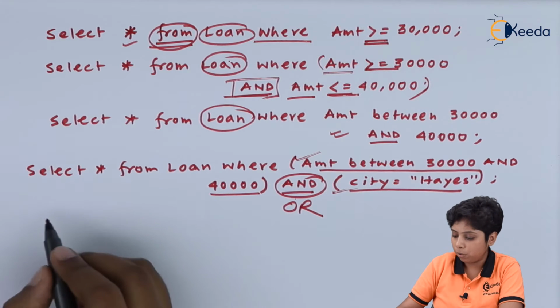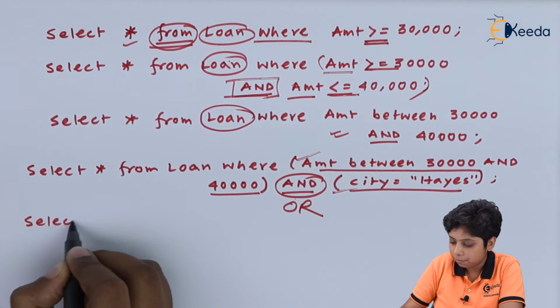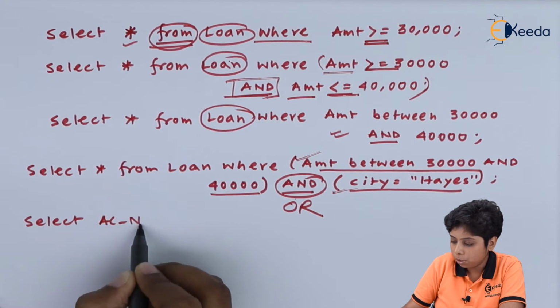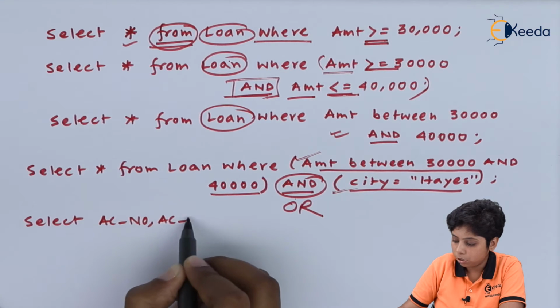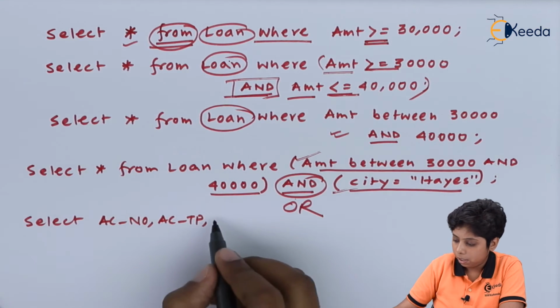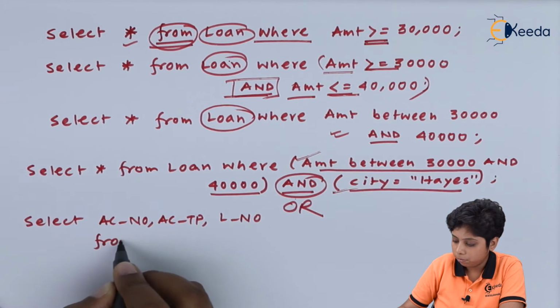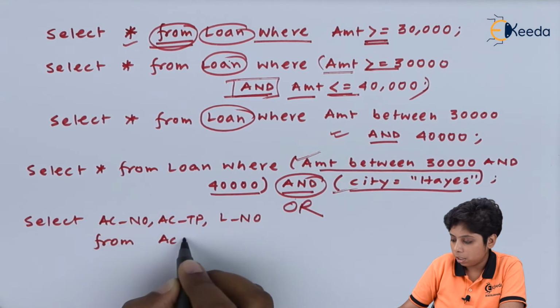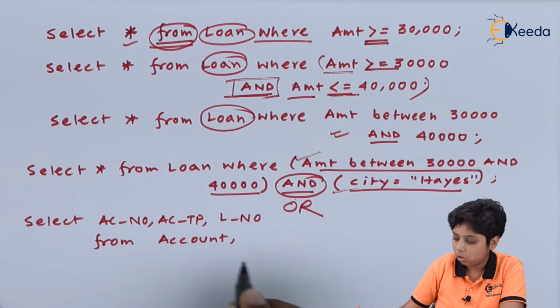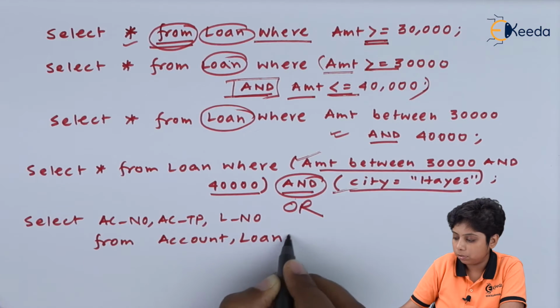So we just need to write select, say, account number, account type and loan number from account, comma, loan.